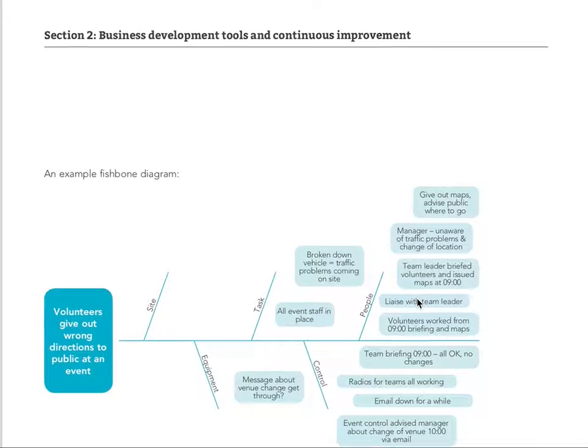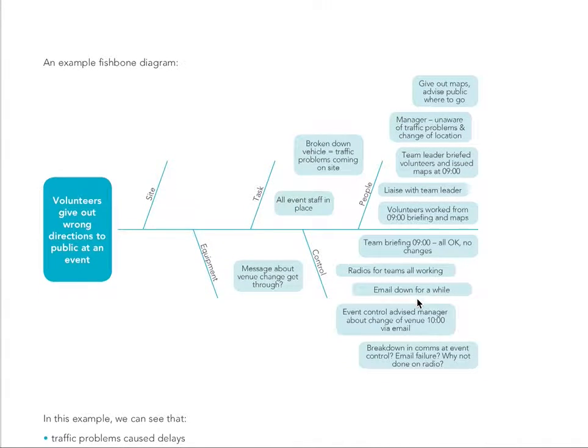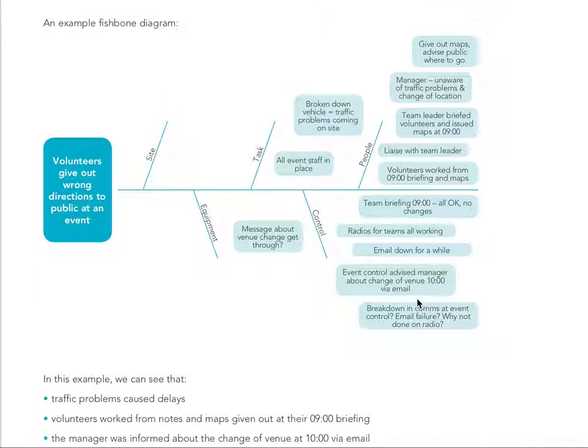Those who are a little bit more technical minded would like to have a look at a fishbone diagram. This allows you to understand basically problems, systems and planning. So let's have a look. In this example, in the fishbone diagram, volunteers have given out the wrong directions to the public at an event.